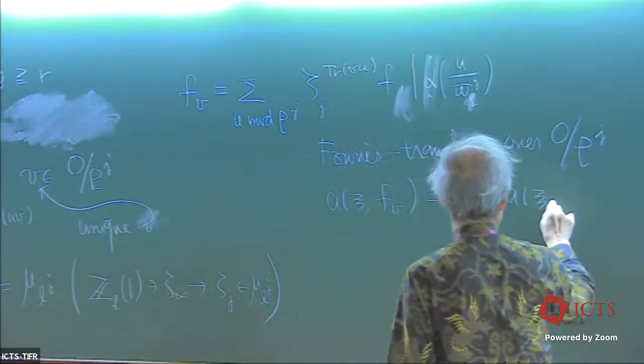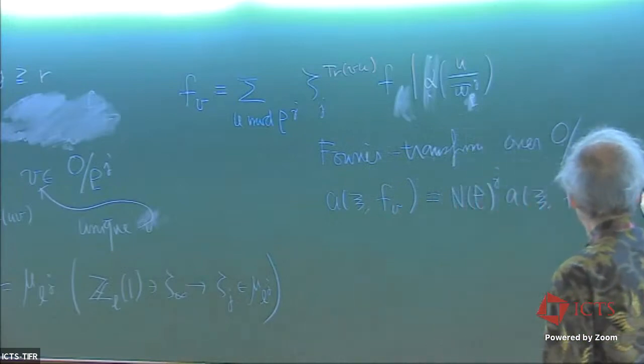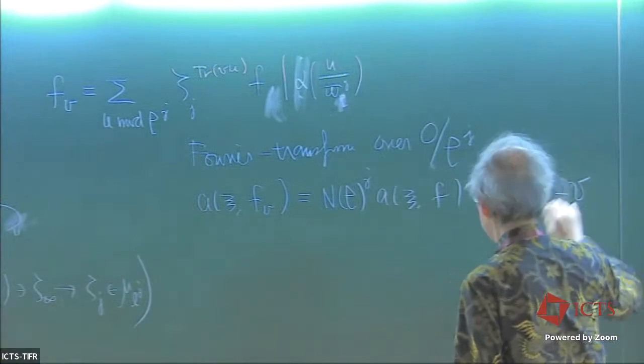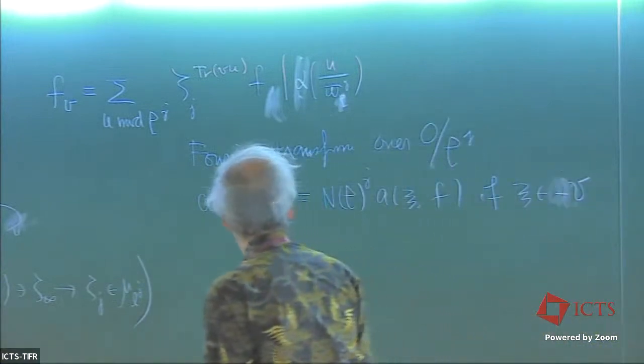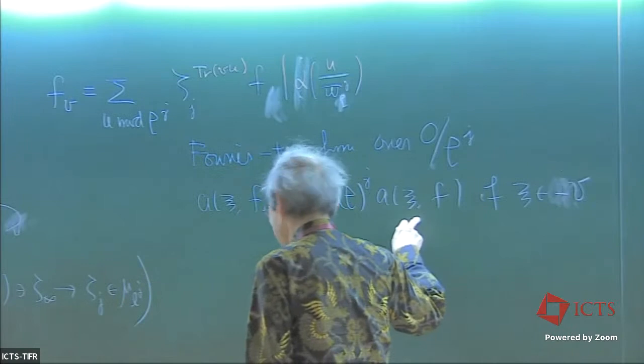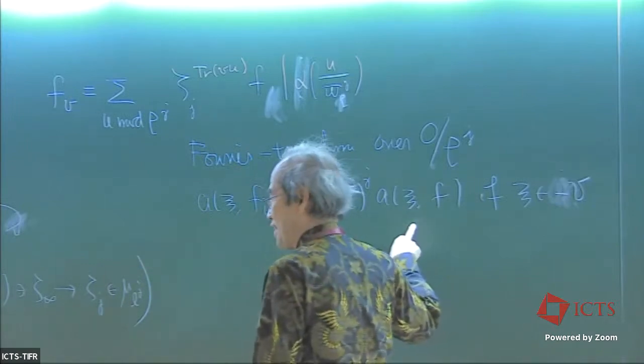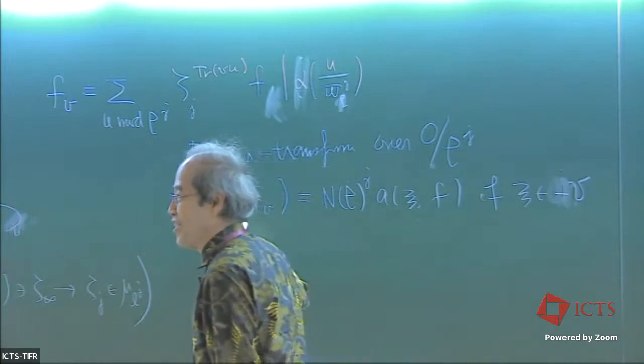A psi F, if psi is in the class of minus V. So if this guy is non-zero modulo the maximal ideal, or in boldface F, then this guy will be non-zero.